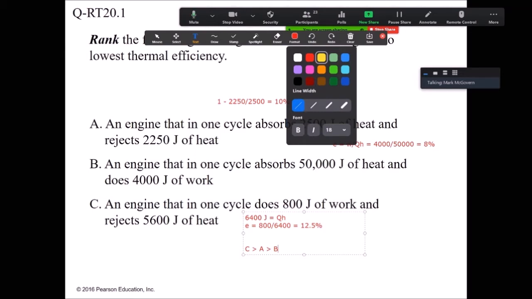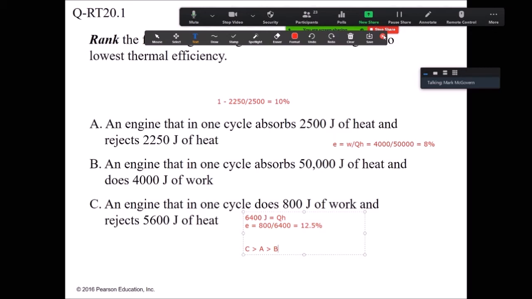Okay, are there any questions about how we calculated these efficiencies, the heats, reservoirs, things like that? Dr. McGovern? Yes. So for part C, for your QH, what numbers did you use? Yeah, so the idea here is, I'll back this up a little bit.